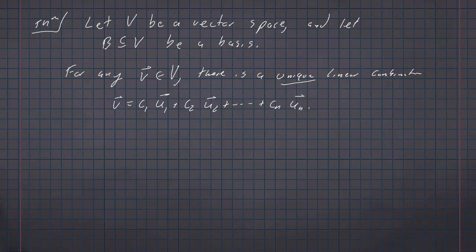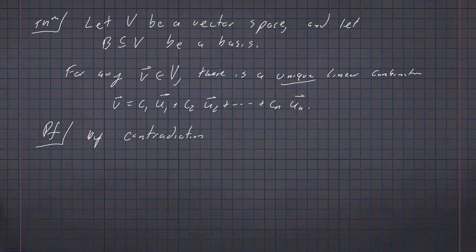The key idea of this theorem is piggybacking on the idea of linear independence. It turns out that this linear combination is unique. And I'm going to call this a proof by contradiction.